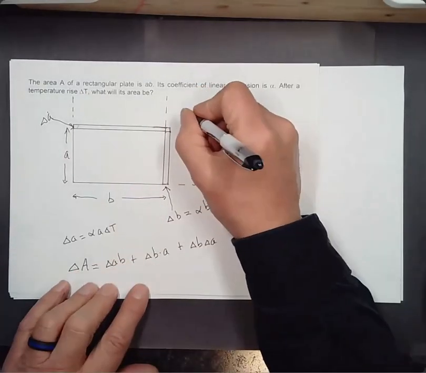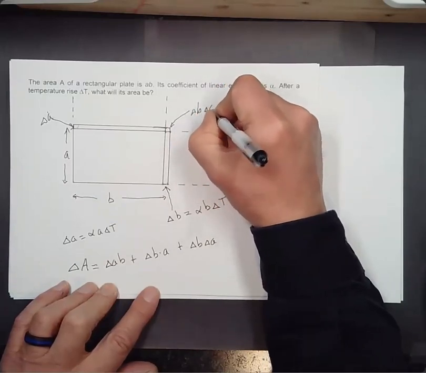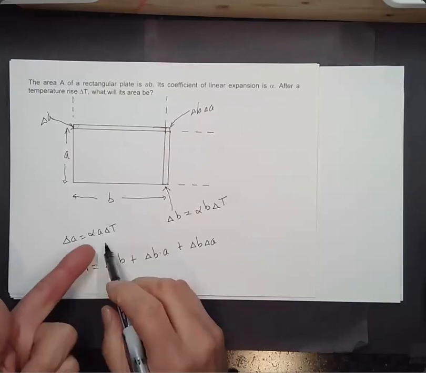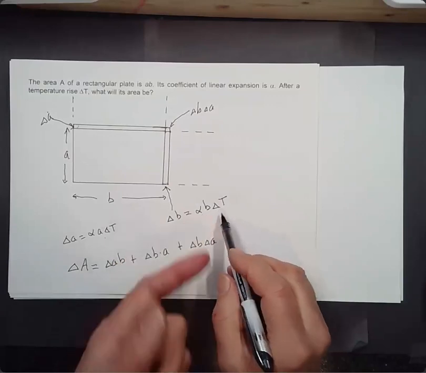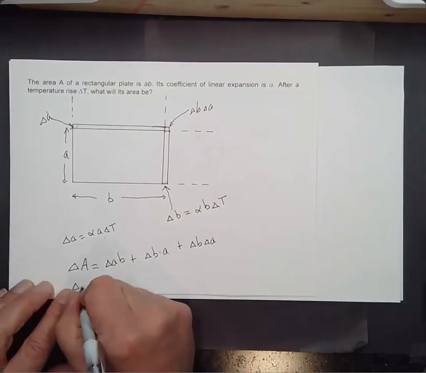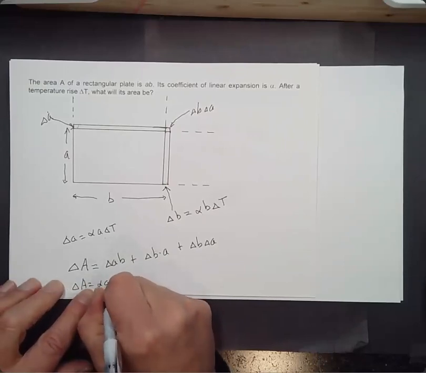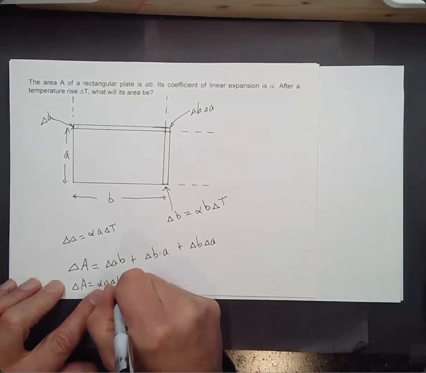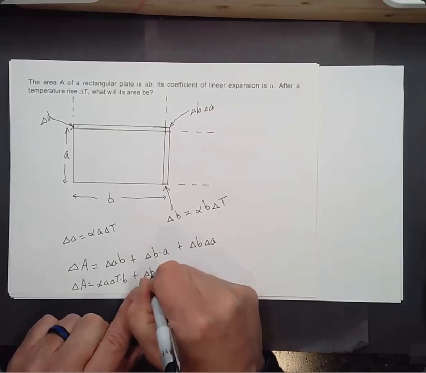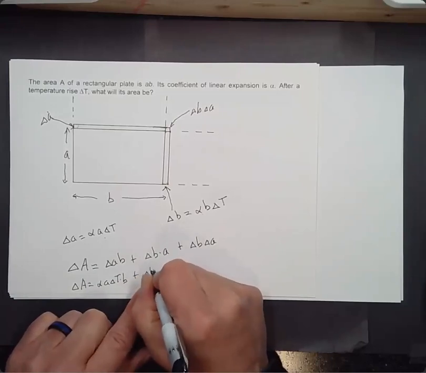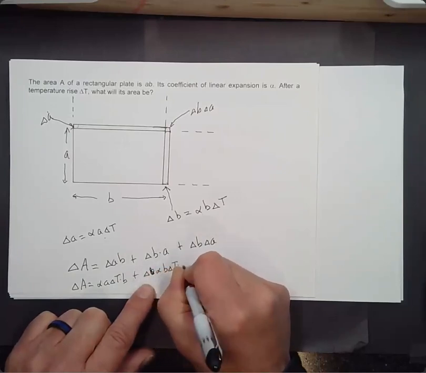That'll be this little thing here, delta b times delta a. Well, I know what delta a looks like. It looks like alpha A delta T. This looks like alpha B delta T. So our change in area will equal alpha A delta T times B, plus delta b, which is equal to alpha B delta T times A.